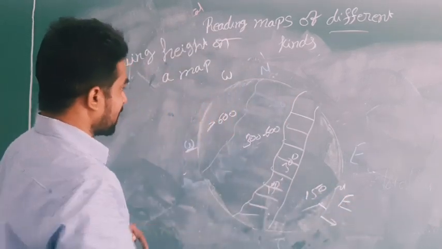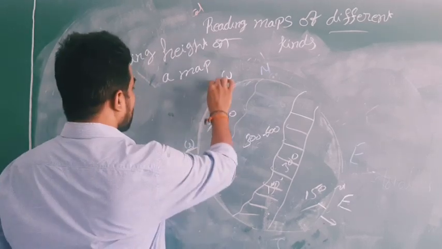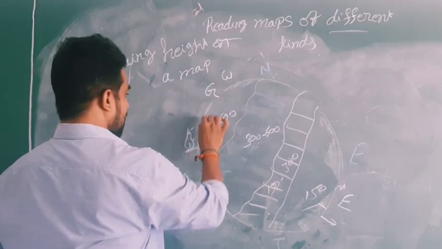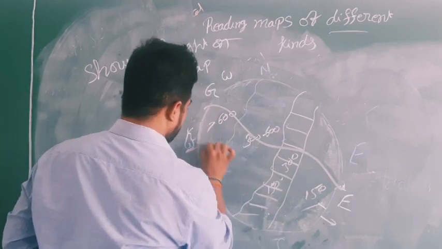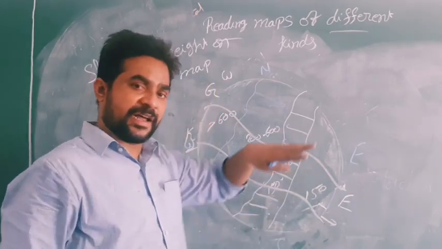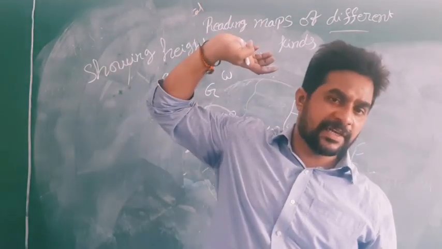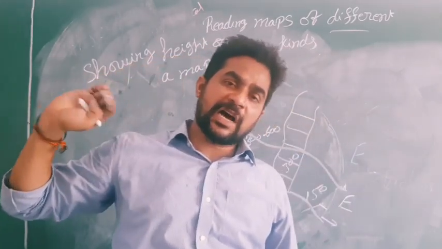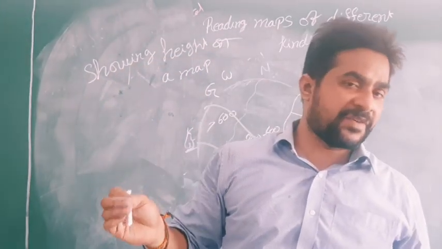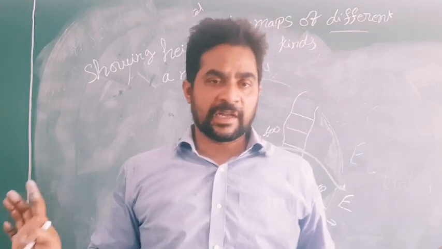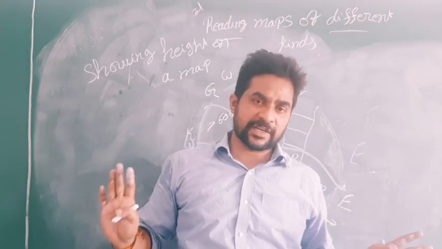Because of that factor only, the rivers like Godavari and Krishna flow like this. If Telangana were bending towards the western side, the Krishna and Godavari and some other rivers would never flow into Telangana, and Telangana would turn into a desert.